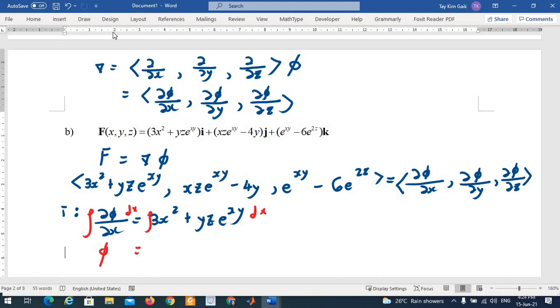So you get phi by integrating the component i with respect to x, where y and z are constant.